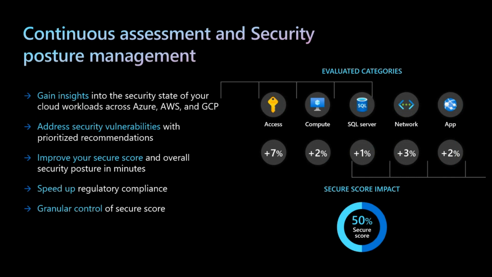This is high level, the same thing that we already covered about continuous assessment and security posture management. You get the secure score, but think of it this way: now you're not only getting the secure score or the insights for the servers and Kubernetes clusters running on the cloud. Now you're getting it for all your on-premises as well.